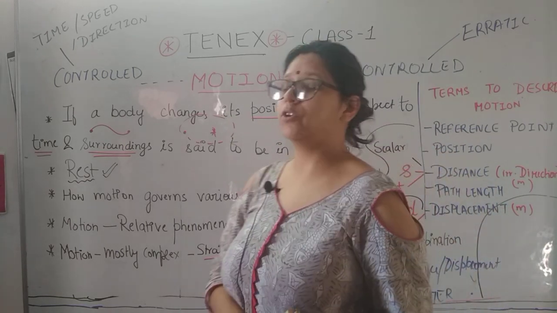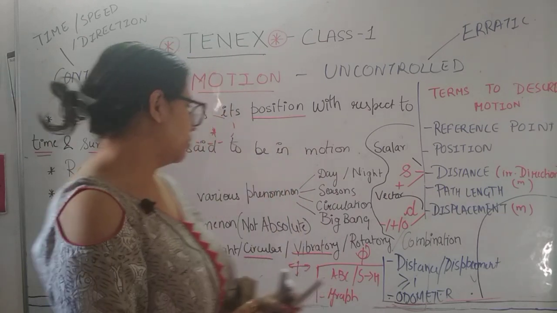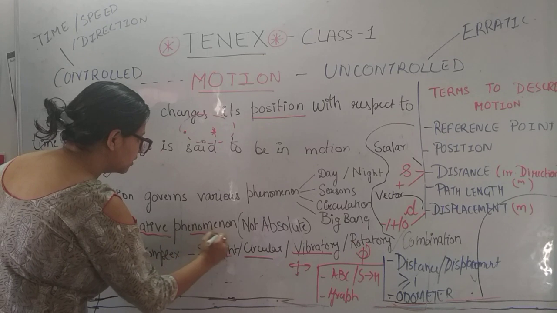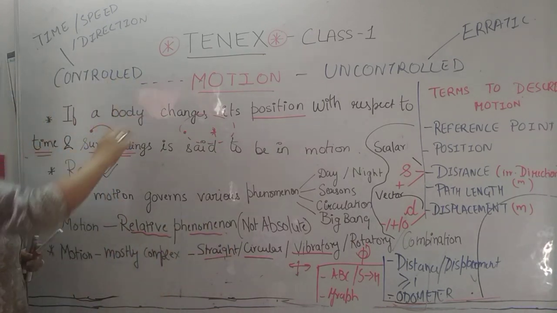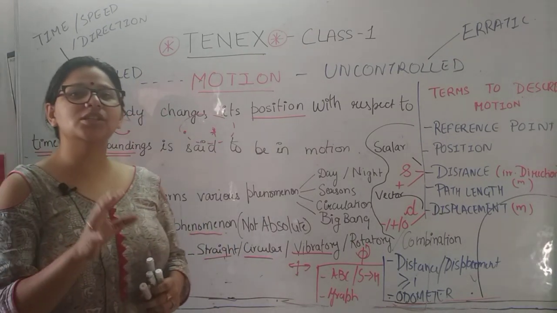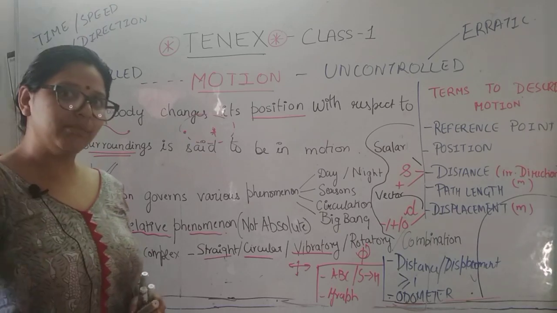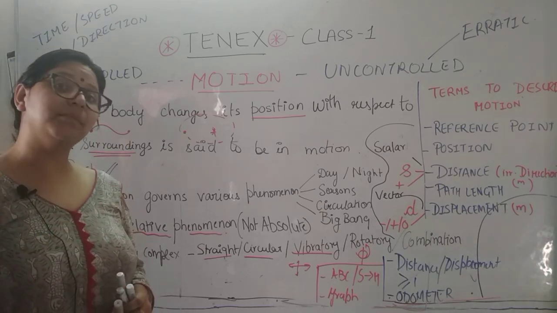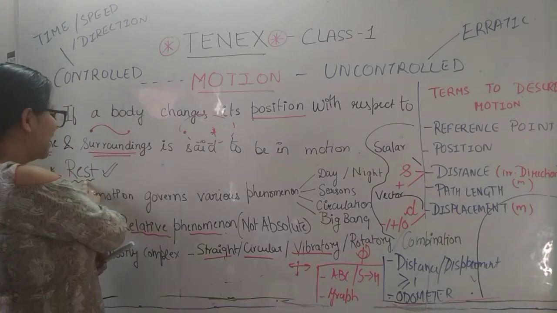So children, motion is not a simple phenomenon, it is a complex phenomenon. OK guys, so we have studied in this particular part when motion happens: when a body changes its position with respect to time and surroundings. When a body does not change its position with respect to time and surroundings, then it is said to be at rest.